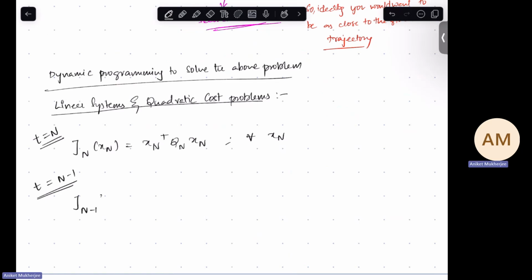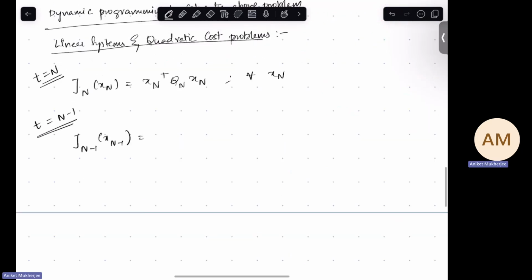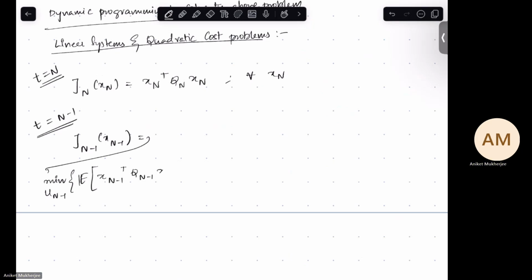So Jn minus 1 of xn minus 1 is equal to, so I'll write this here, min over un minus 1, such that you're minimizing the expected cost. And expected cost here is stage-wise cost plus the previous cost. So stage-wise cost is xn minus 1 transpose Qn minus 1 xn minus 1 plus un minus 1 transpose Rn minus 1 un minus 1, plus Jn, and here you'll have xn, right?